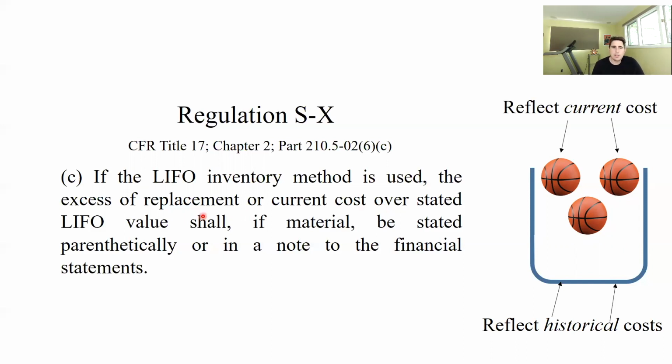So when the SEC says replacement or current cost over stated LIFO value, what they really mean is FIFO. To reread this requirement, if the LIFO inventory method is used, the excess of FIFO over stated LIFO shall, if material, be stated parenthetically or in a note to the financial statements. So let's take a look at a company that does this.